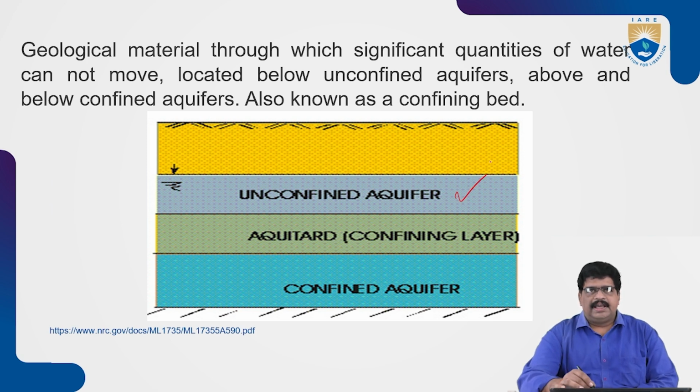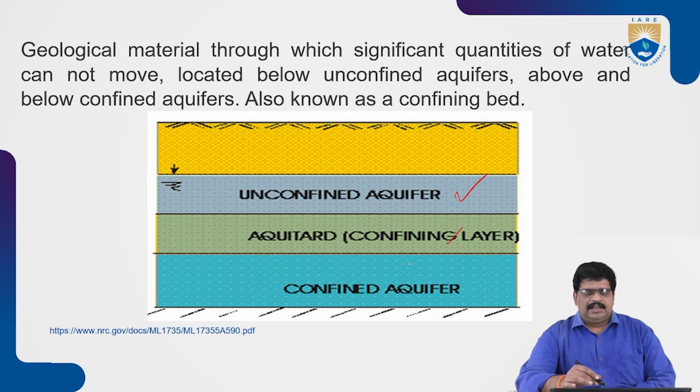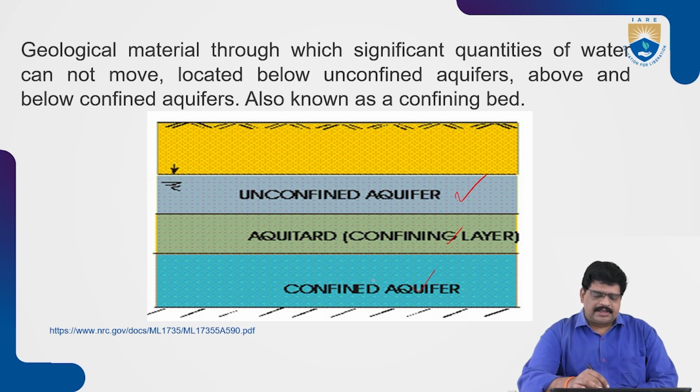The unconfined aquifer is there, and the confined layers lie between two layers. At the bottom we call it the confined aquifer. Generally, water can be acquired from the confined aquifers. That is the main purpose of the aquifers.